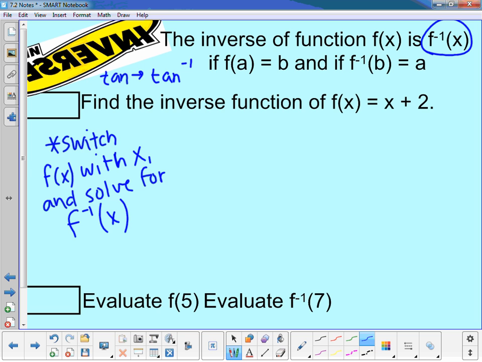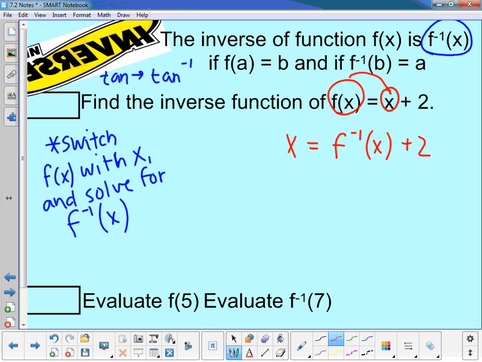Okay, so the first part says find the inverse function of f of x equals x plus 2. So what I want to do is switch the x value and the f of x value. So this and that is going to be switched. Now that looks like x is equal to the f inverse of x plus 2.